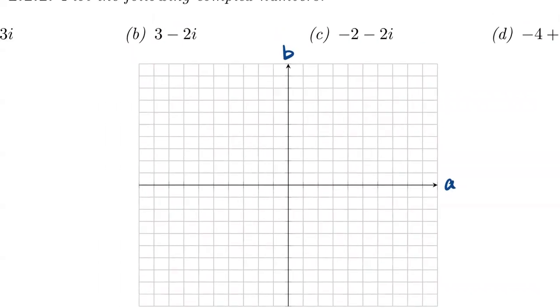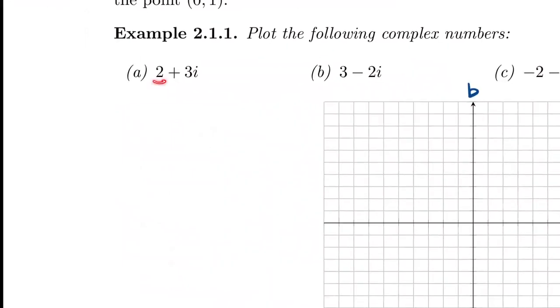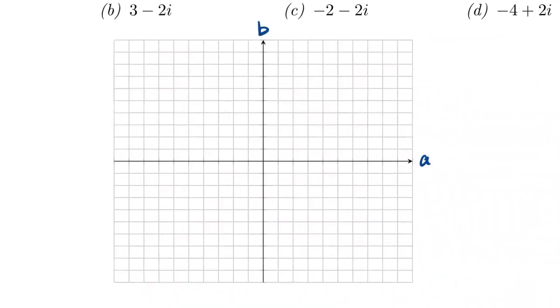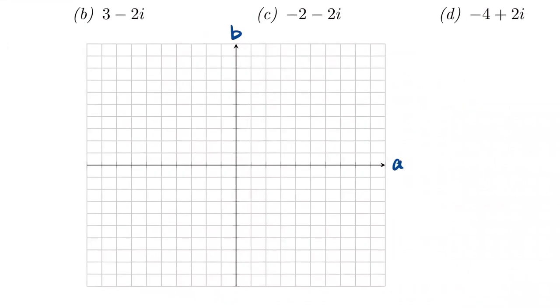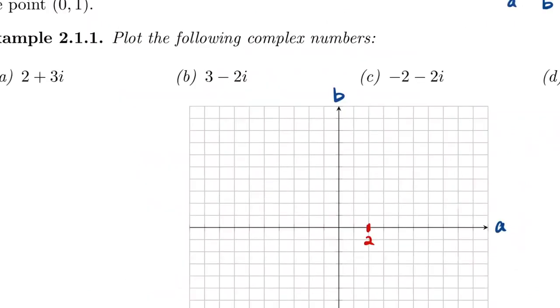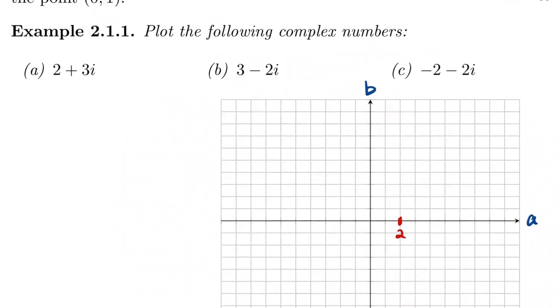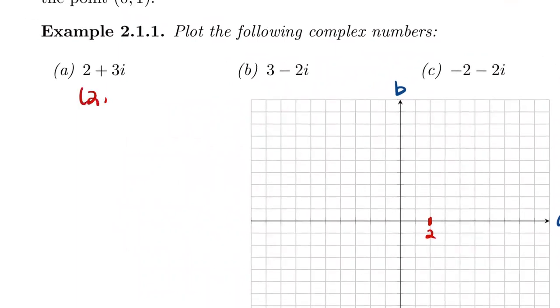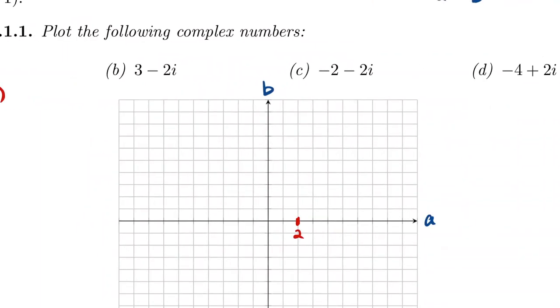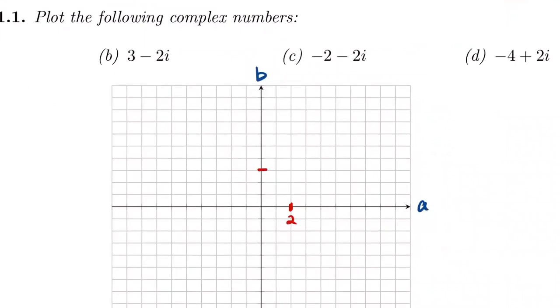Here a is 2, so on the grid a is here, at 2. Then b goes 3 units up, because this corresponds to the point (2, 3). So 3 is here, and this is the complex number.